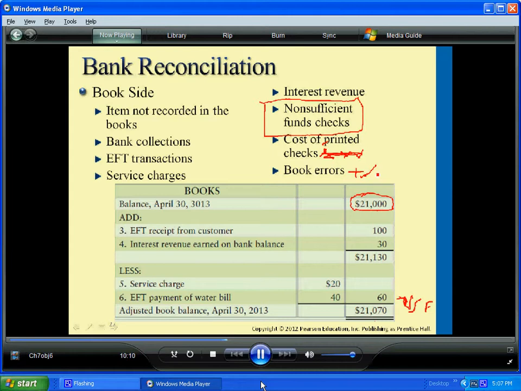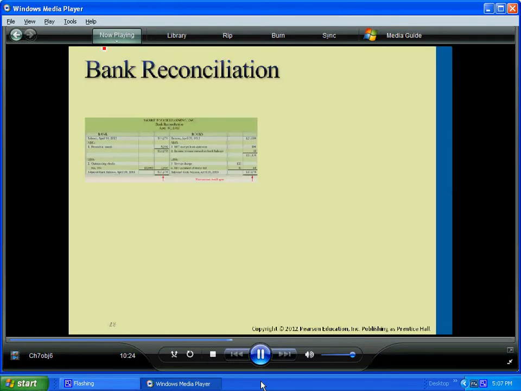So we've got the bank side in the previous slide, and we have the book side in this slide. You're going to have your bank side on the left, as you can see, and your book side on the right. We want to make sure that the total bank side is equal to the total book side.